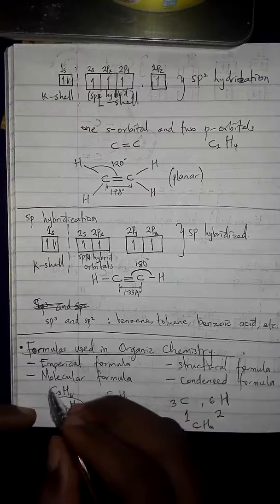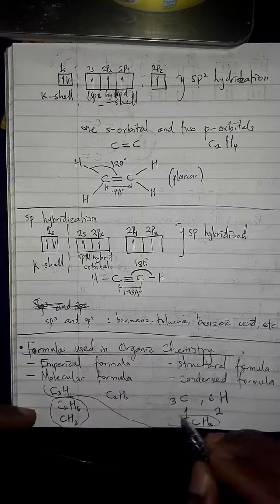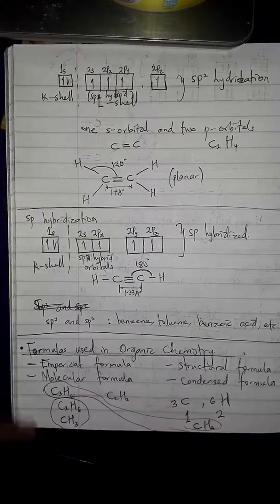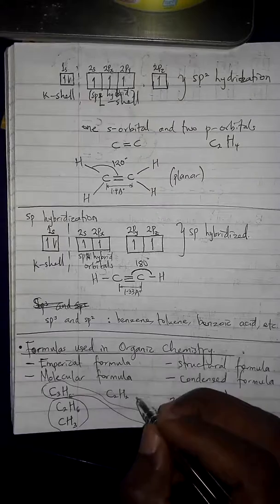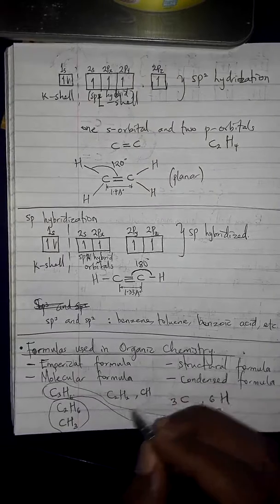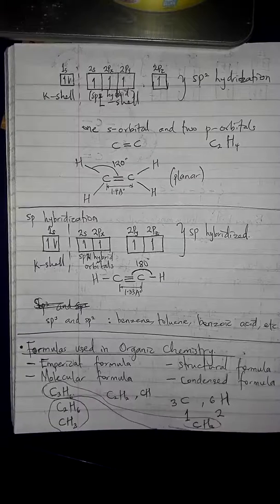And for C2H2, the simplest ratio of combination will just be CH, 1 carbon, 1 hydrogen. So that's why 2 carbon will go with 2 hydrogen. That's how to get the empirical formula of an organic compound in this context. It's quite straightforward to deal with.